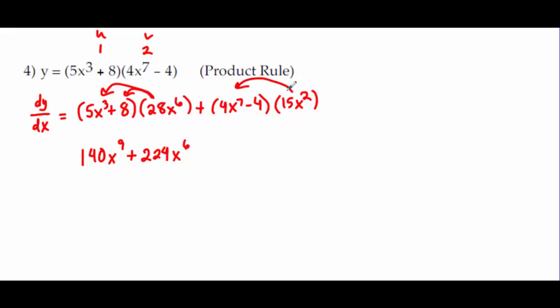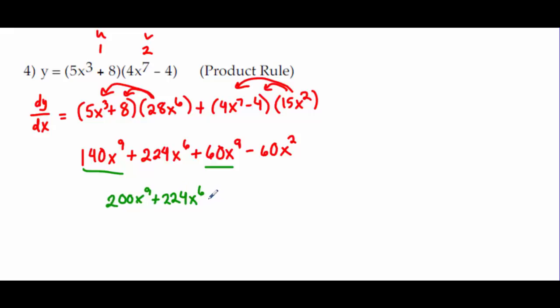Distribute here, plus 60x to the 9th minus 60x squared. Let's check to see, do we have like terms? The x to the 9th terms can go together as 200x to the 9th plus 224x to the 6th minus 60x squared, which should be our answer.